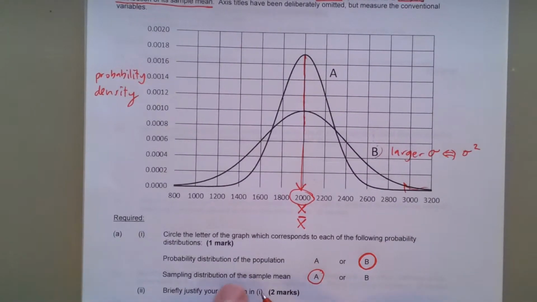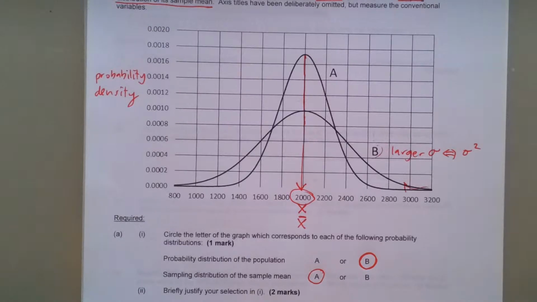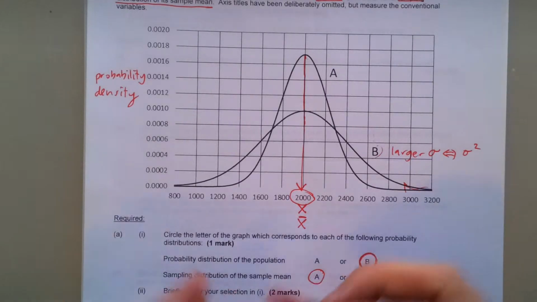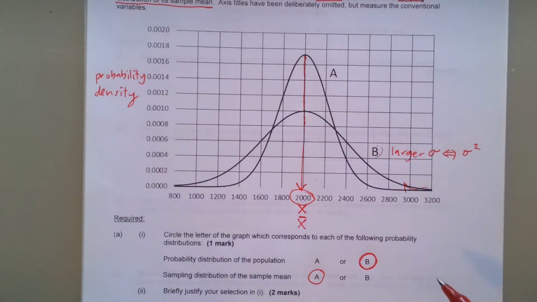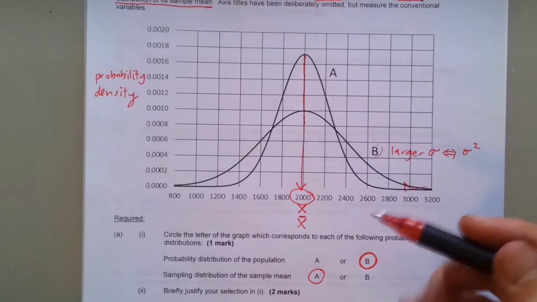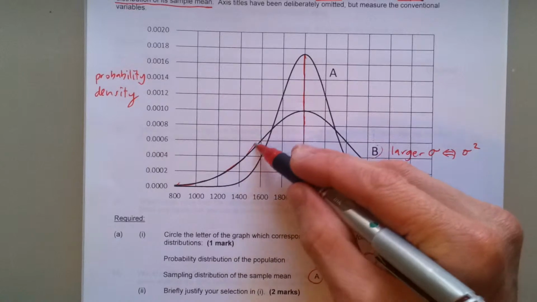Now bear in mind that the sampling distribution is not looking at the distribution for a particular sample. It's looking at us taking repeated samples, lots of samples, calculating the sample mean for each one, and then looking at how those various sample means map out into a distribution. And because when you calculate the sample mean, you tend to average away the extreme values from the population. So for example, here's our population.